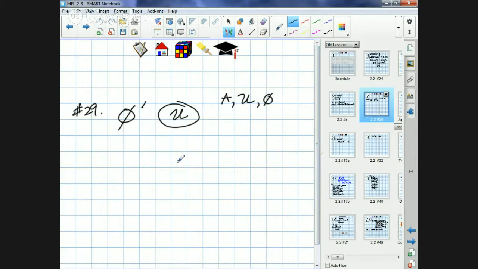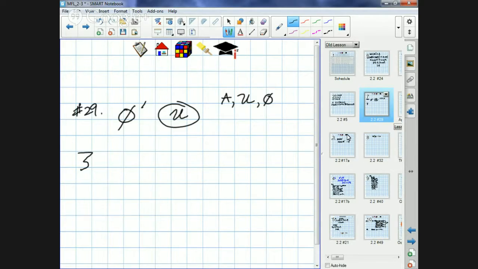So then 33, A intersects the universal set. How do we draw that? Let me draw it.